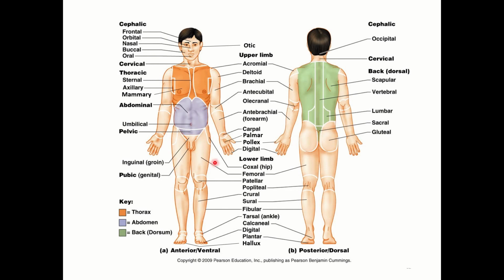On both anterior and posterior, we have the femoral region, which is your thigh. The knee is anterior and it is patellar. The popliteal is posterior and it is the ditch of the knee.